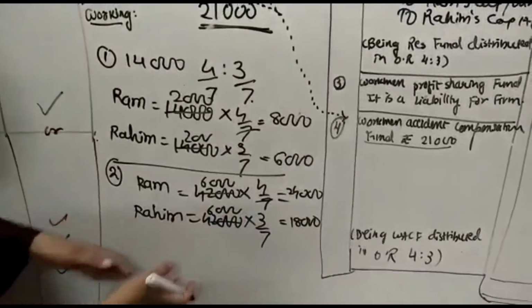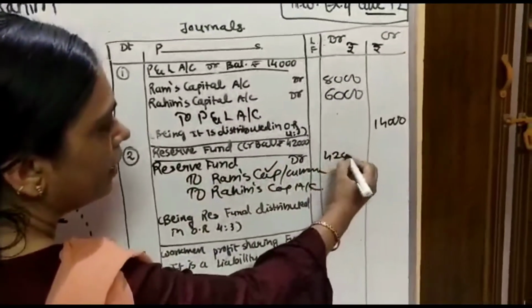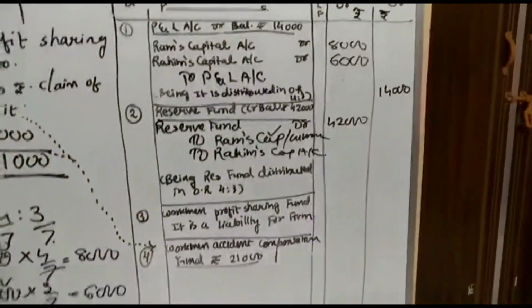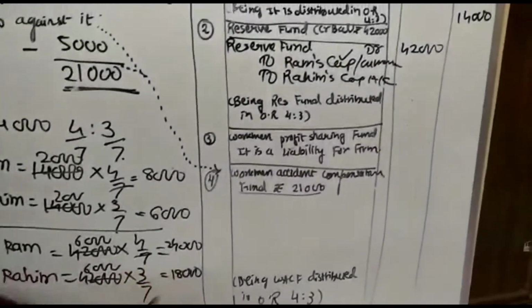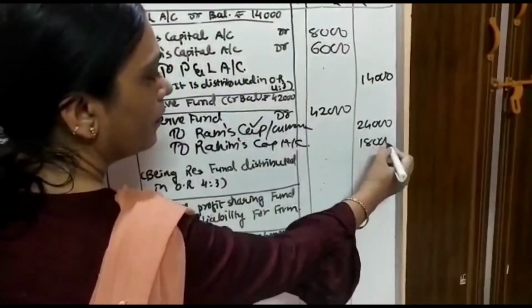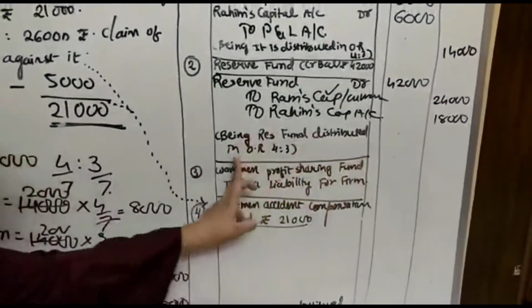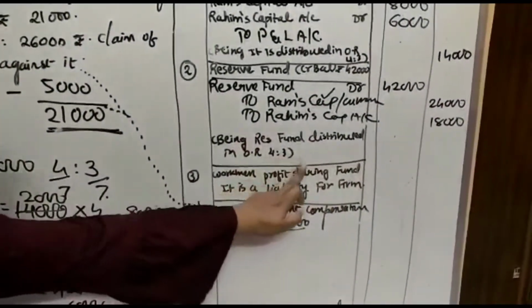When you do it, it will come like this. So 24,000. In the debit we write the total figure 42,000, then 24,000 and 18,000. Did you see this? Being reserve fund is distributed in old ratio 4:3.